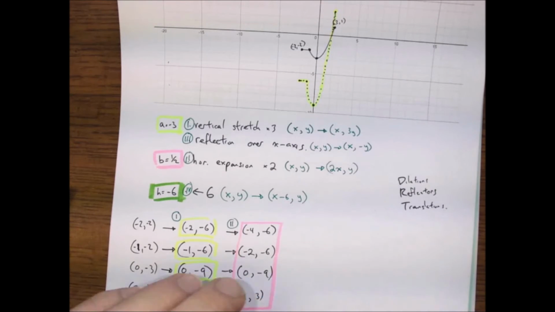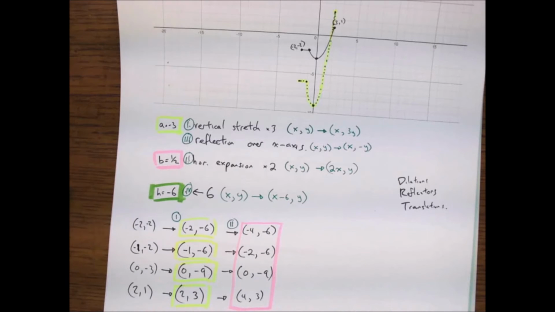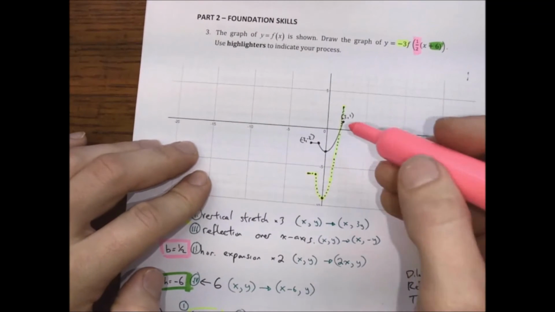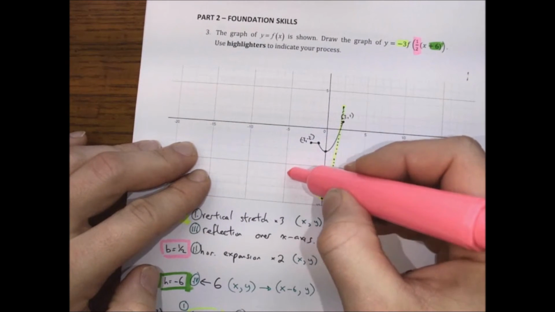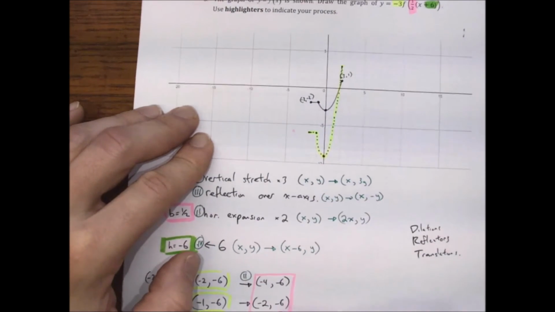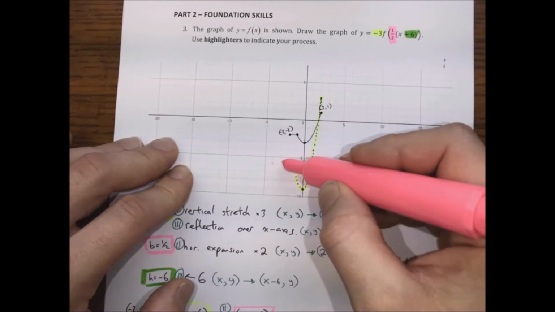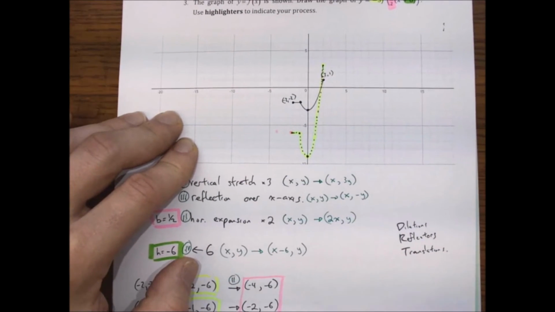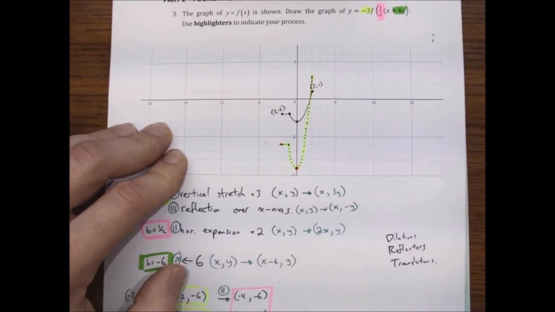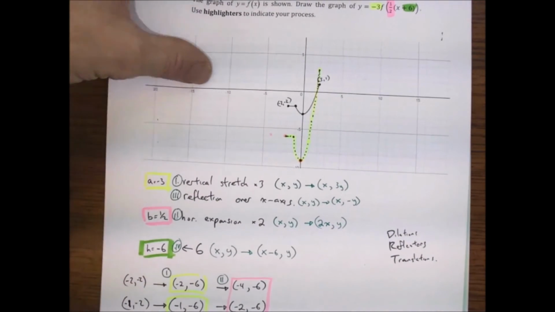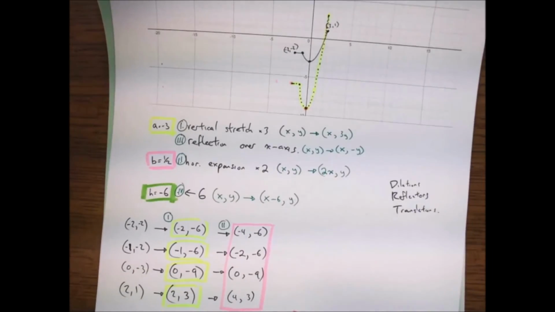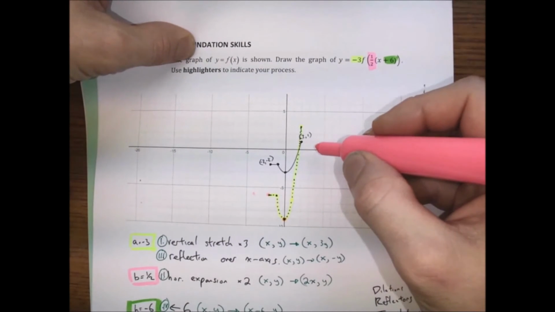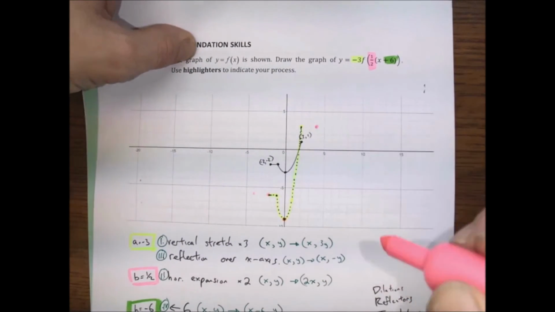Okay. So I'm going to sketch those points using a pink highlighter. So I've got the point now negative 4, negative 6, which is here. Negative 2, negative 6, which is here. 0, negative 9, which is overlapping with this guy. And the point 4, 3 is right here.